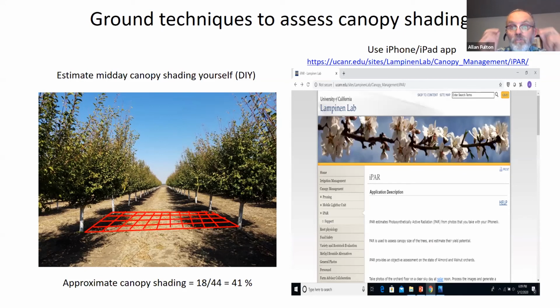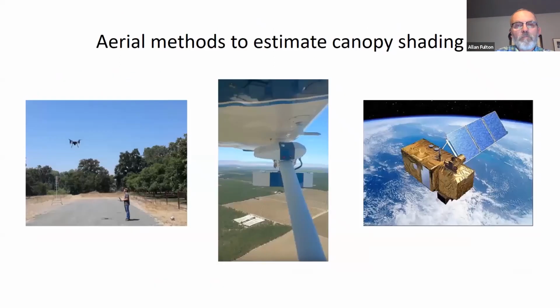There are more sophisticated tools available to you, especially if you are an iPhone or iPad user. It's called iPAR. It was developed by our statewide orchard crop specialist, Bruce Lampinen. It can be downloaded, and it essentially does something similar to what I illustrated here by hand, but it's more precise and more sophisticated. So this is a resource you might consider.